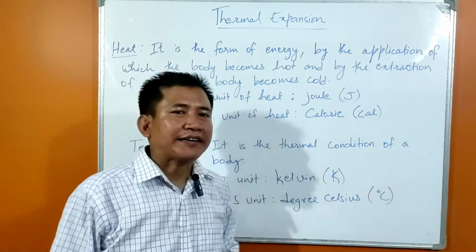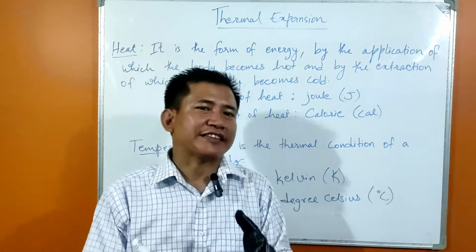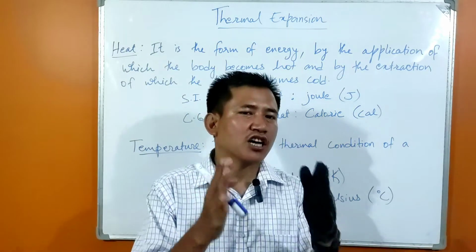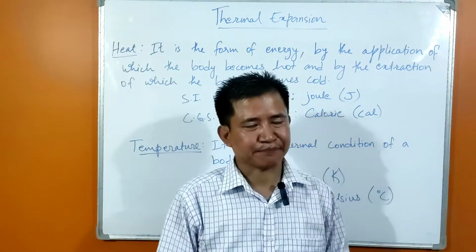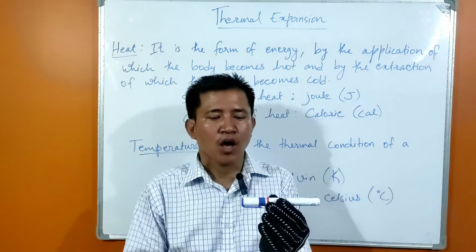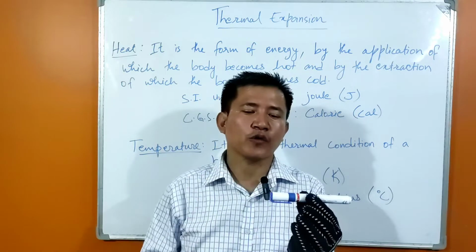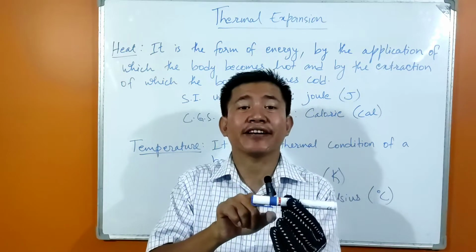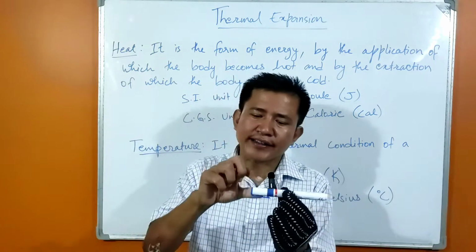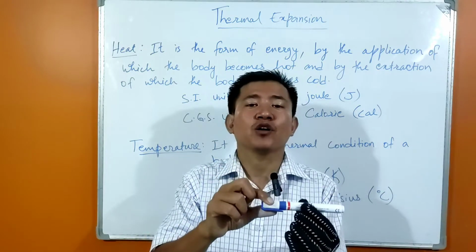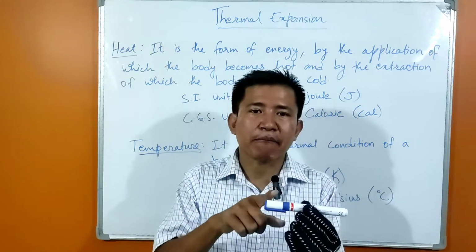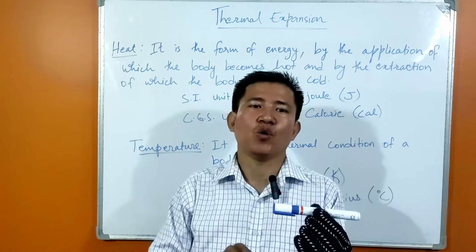Now let's come to the point. Temperature is actually the condition of the body. It is the thermal condition of the body. Now let's say this is a body. When I touch this body, if I feel hot, then we say the temperature of this body is high. And when I touch this body, if I feel cold, then we say the temperature of this body is low.